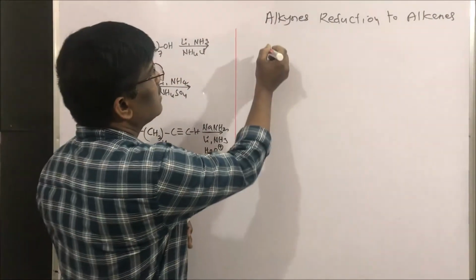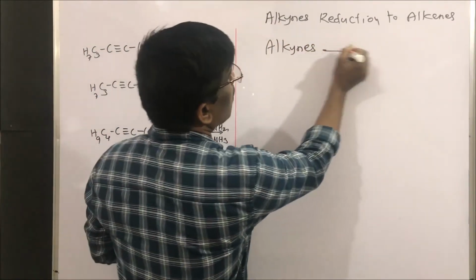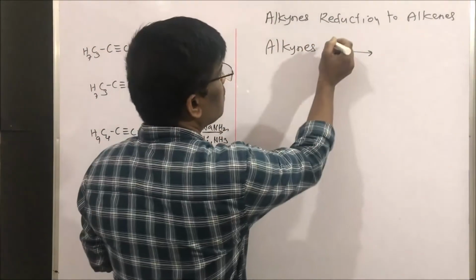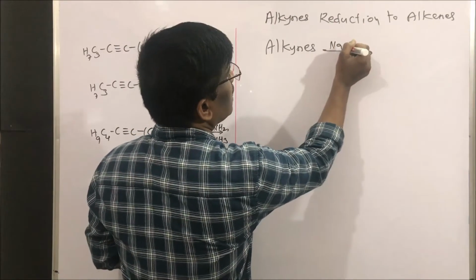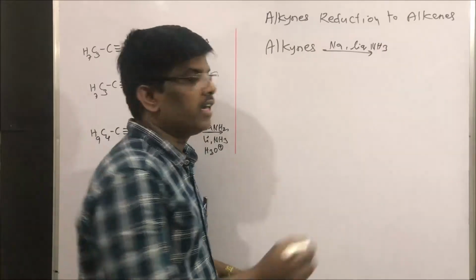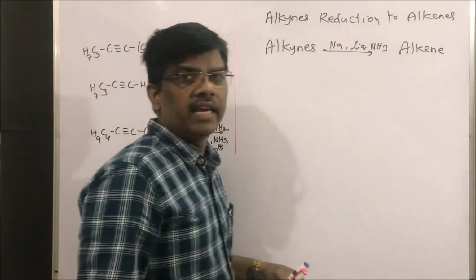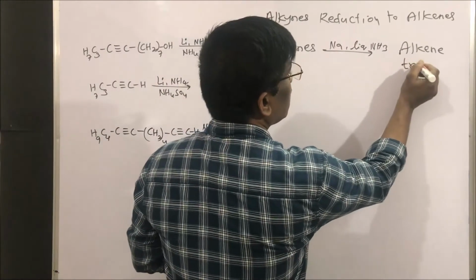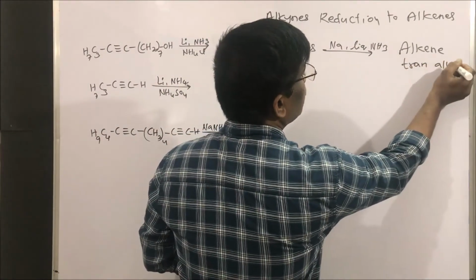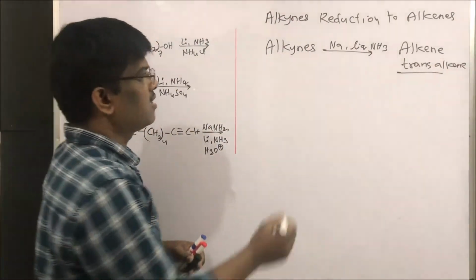So what happens? Alkynes upon Birch reduction, sodium in liquid ammonia, what are we going to get? Alkene. This is trans alkene. It is very, very important. We are going to get trans alkene.